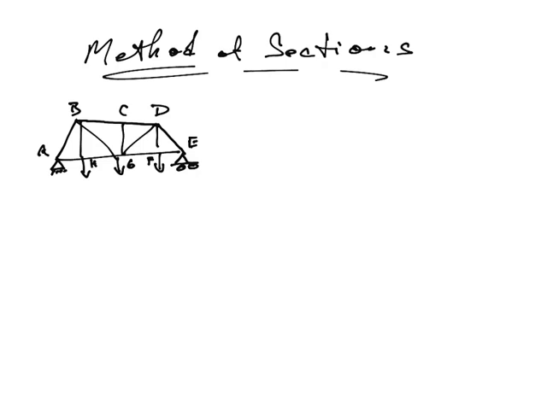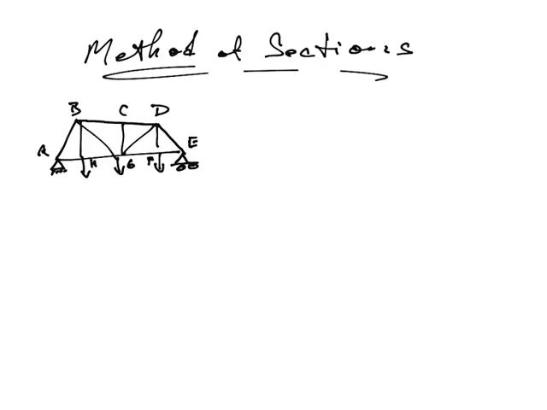And we know how to do this by the method of joints, which is, number one, you do global equilibrium. That allows you to find the reactions at the supports. And then from there, you would look at each joint individually. For each joint, you would do the sum of the forces in X and the sum of the forces in Y equal to 0, because, of course, we should have all of our forces equal to 0.